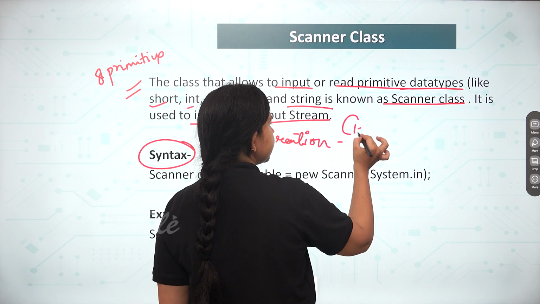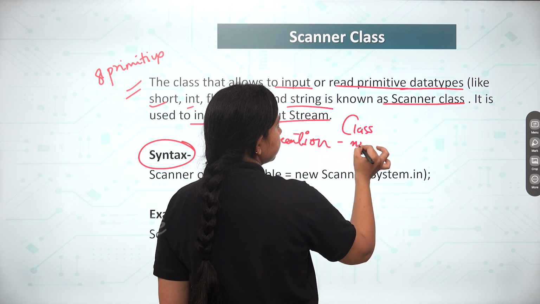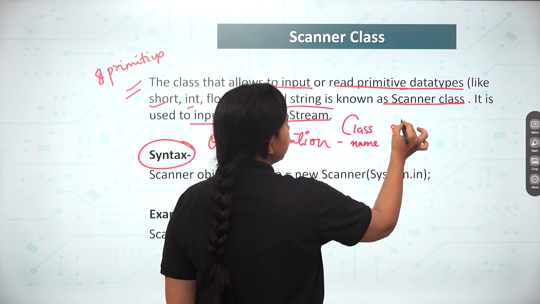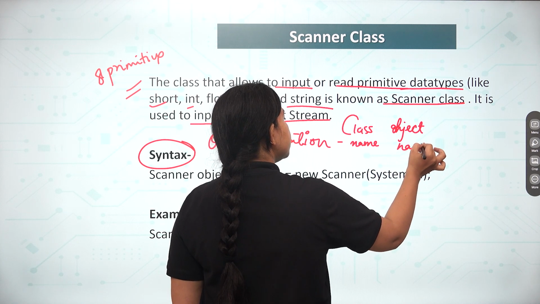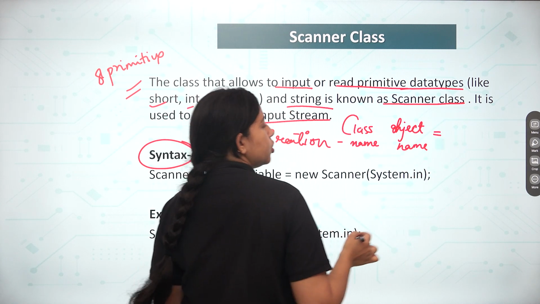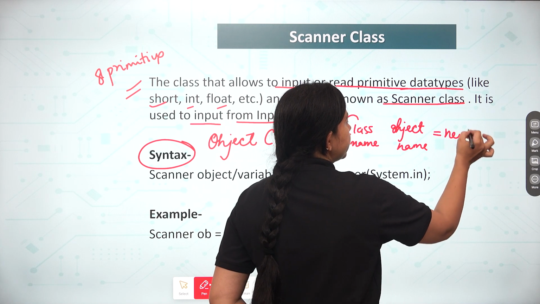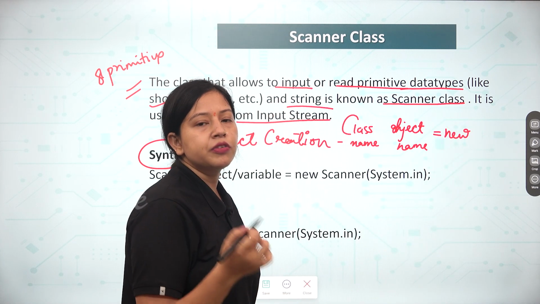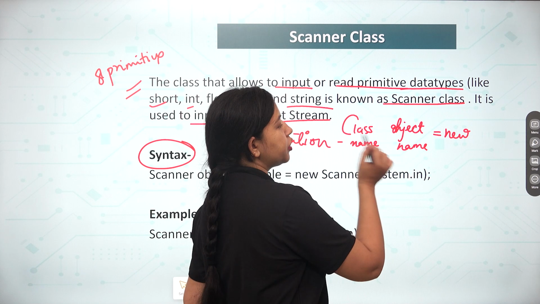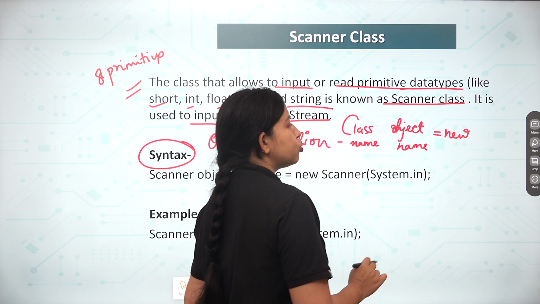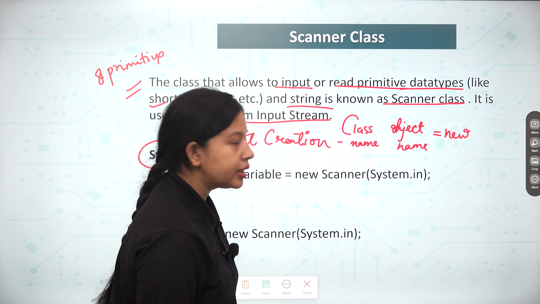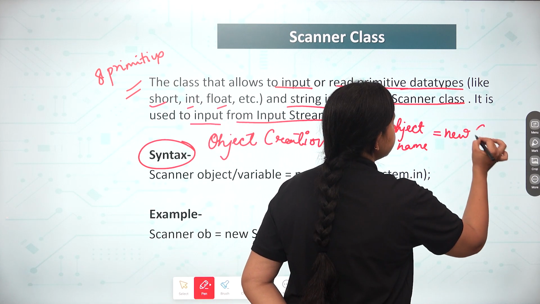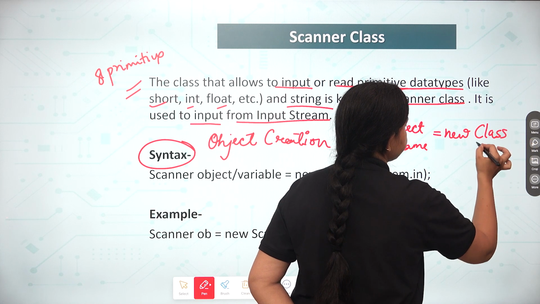First is the class name, followed by the object name, then equals to. After that, we use the new keyword, which helps to create the memory for that object. It is also known as dynamic memory initialization.